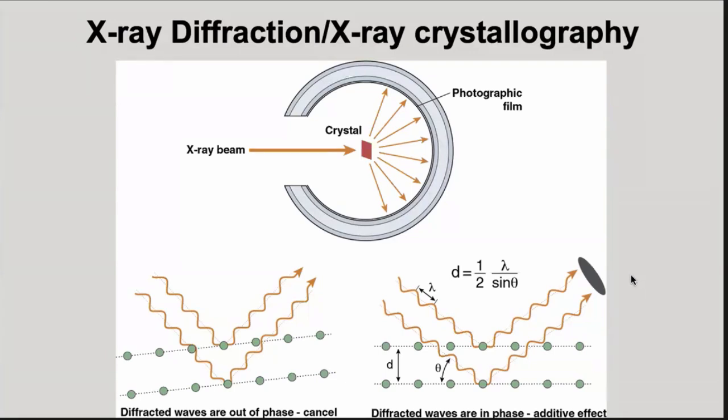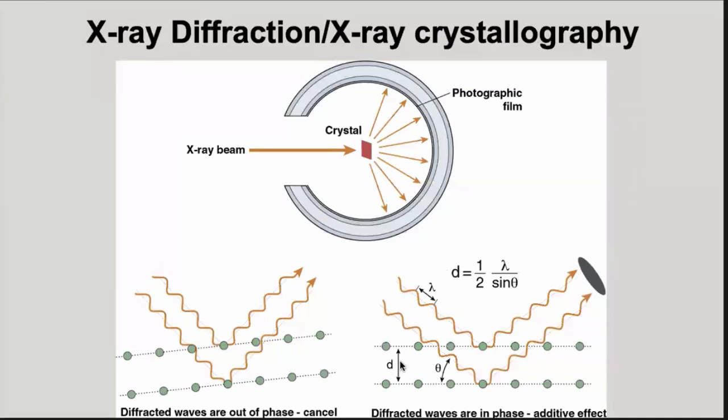Now, it turns out you can use this to work backwards to actually determine the distance between the layers of atoms in the molecule or in the crystal. And there's a relatively simple mathematical formula. This is actually known as the Bragg equation after William Lawrence Bragg, the guy who discovered it. And I'll explain what all of the terms mean.